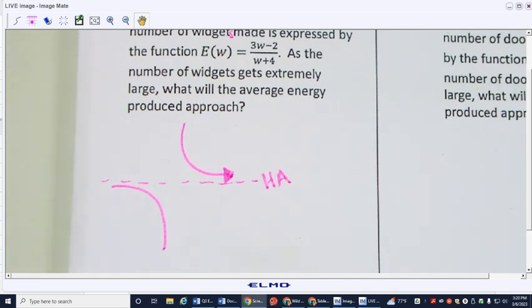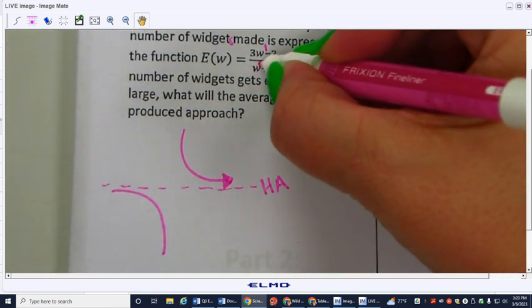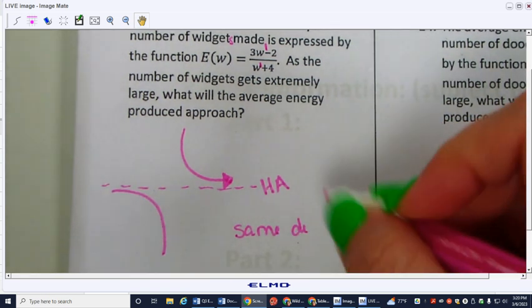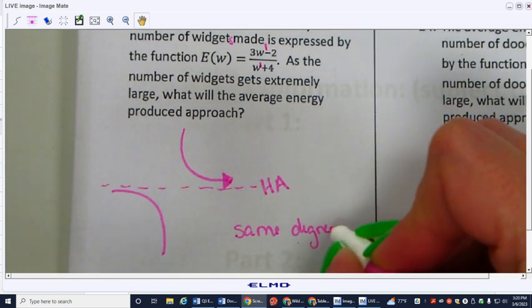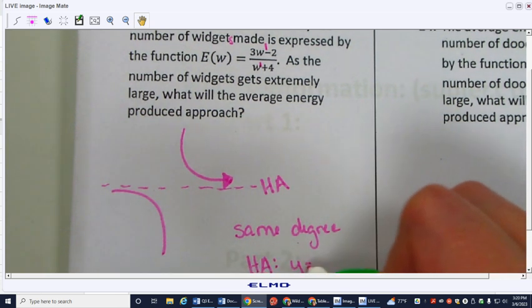So to find the horizontal asymptote, that's easy. I just compare my degrees. What's the degree in the numerator? 1. What's the degree in the denominator? 1. So they have the same degree. So I'm going to look at the leading coefficients. What is my horizontal asymptote? y equals 3.